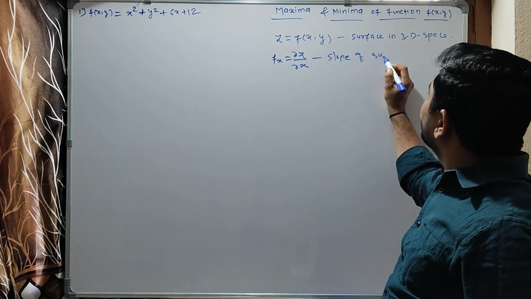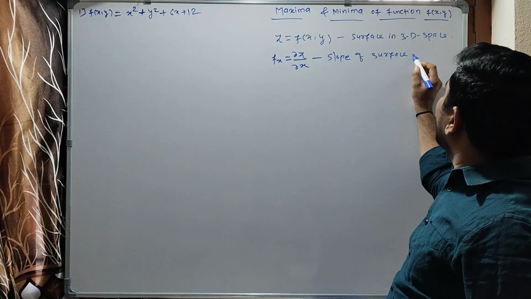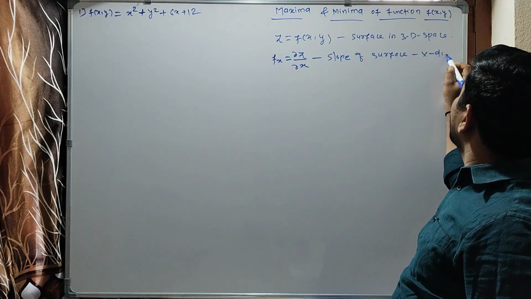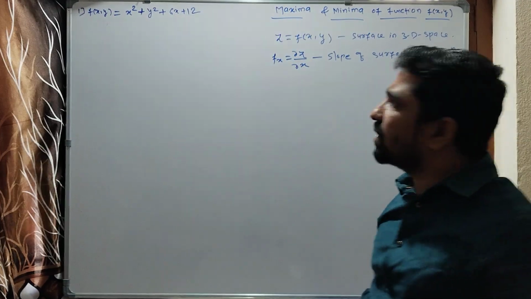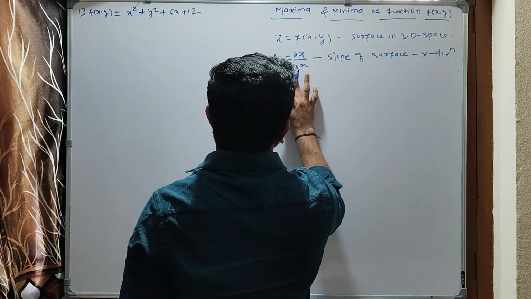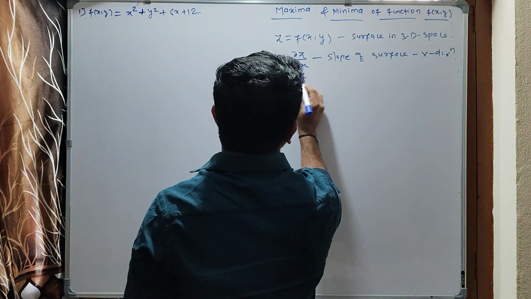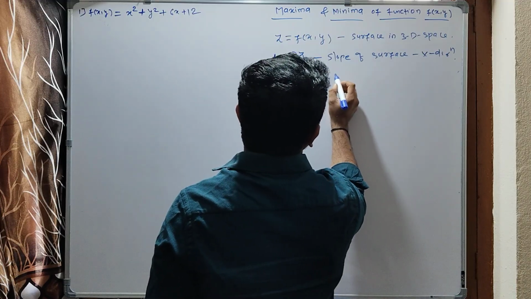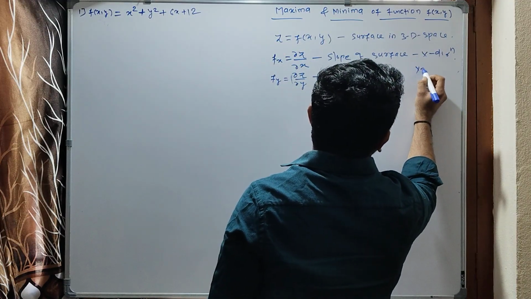So here fx equal to dou z by dou x, which gives the slope of my surface along the x direction, and find fy equal to dou z by dou y, which gives the slope of my surface along the y direction.